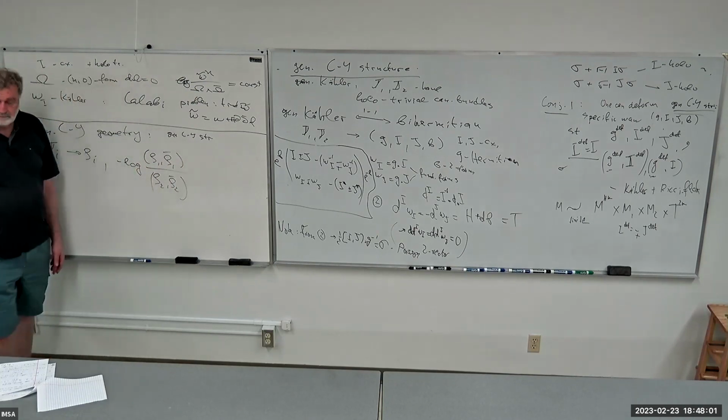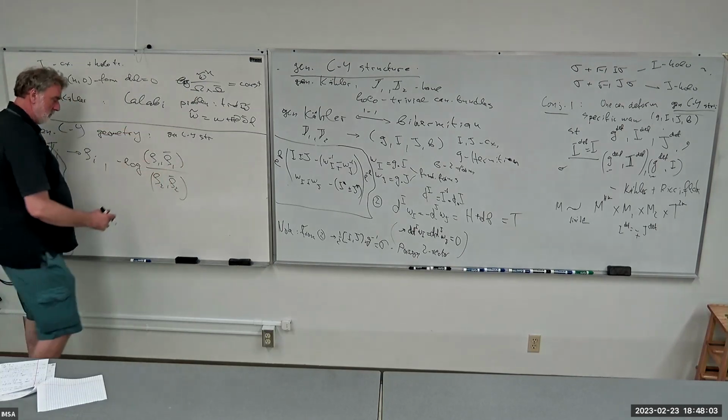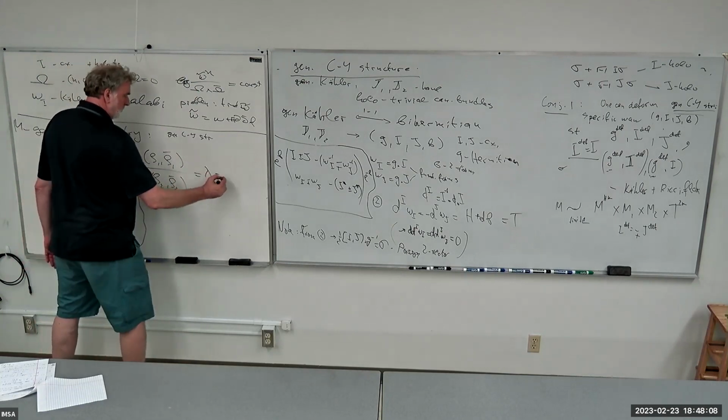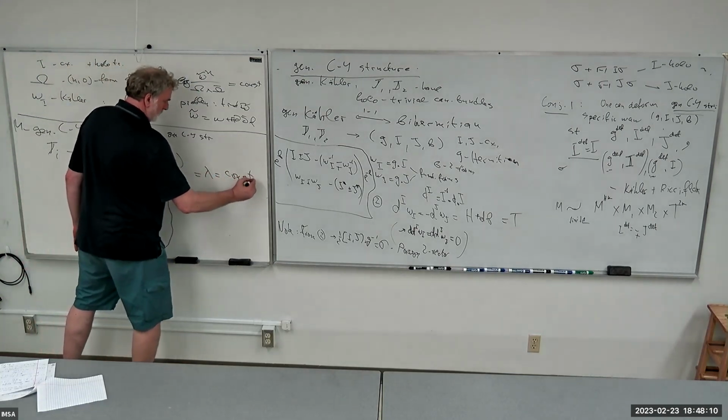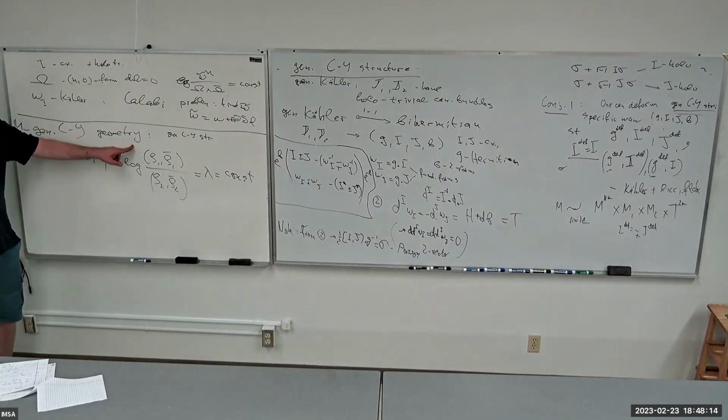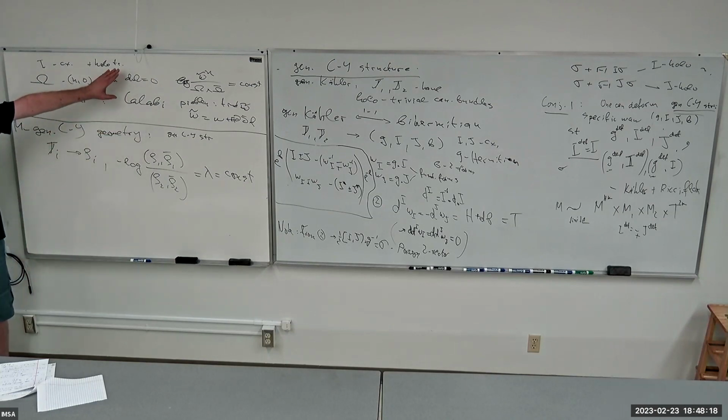These are all global. This being constant is not a Calabi-Yau structure, but geometry. And the regular Calabi-Yau metric is that thing. So this is the pairing, not the general.